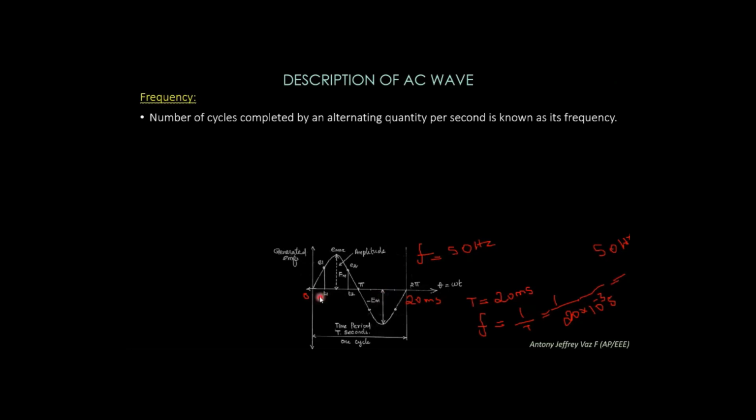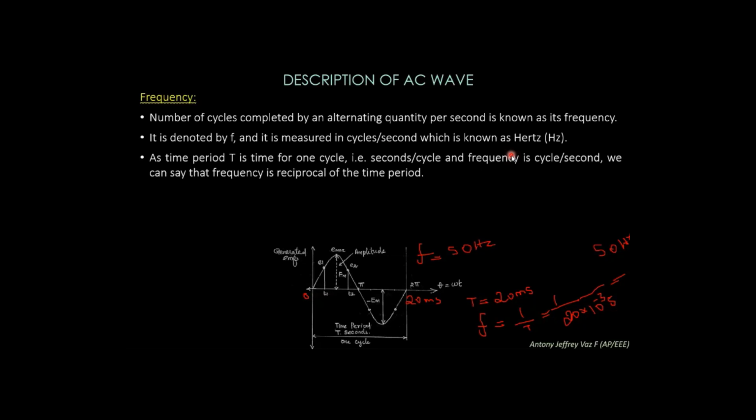Here is one cycle which is from 0 to 20 milliseconds, whereas if you extend the scale to 1 second, then you can count how many cycles are present. It is denoted by F and it is measured in cycles per second, which is known as hertz. So the unit of frequency is hertz.